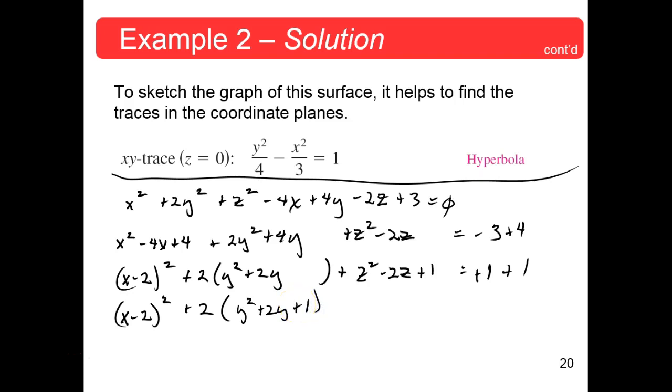We didn't just add a 1. We added a 2 times 1 because this 2 is outside that parenthesis. Well, 2 times 1 is 2, so we've got to add it over here. And here we had a 2. 1 plus 1 is 2. High-level math today. 2 plus another 2. And then what is this squared there? That's the same as z minus 1 squared.